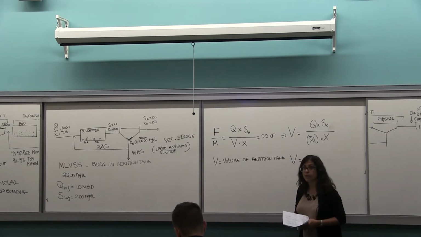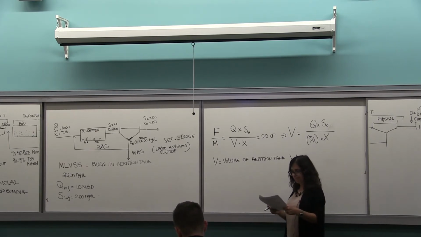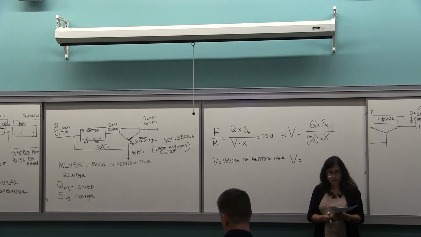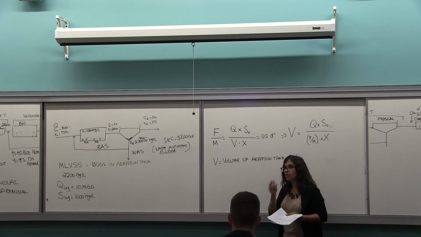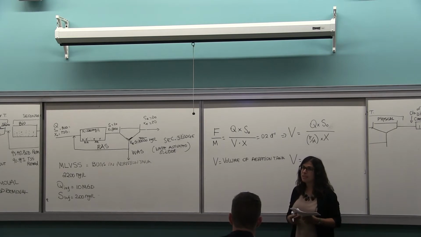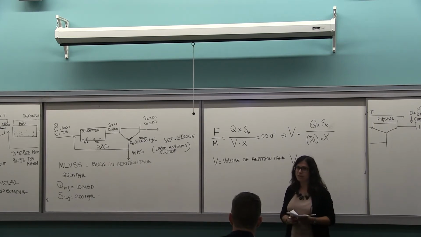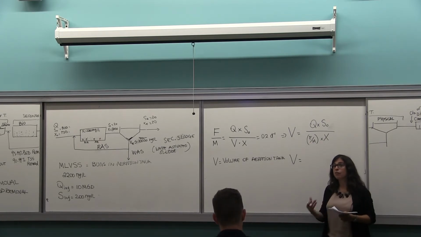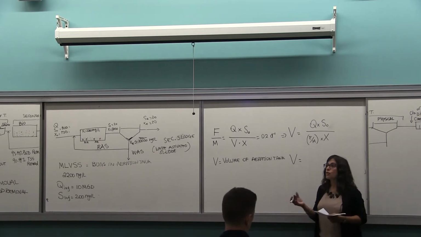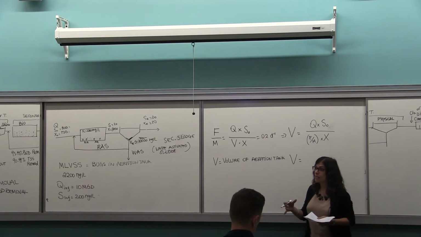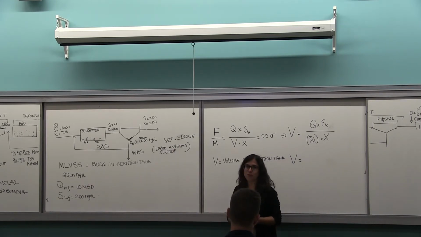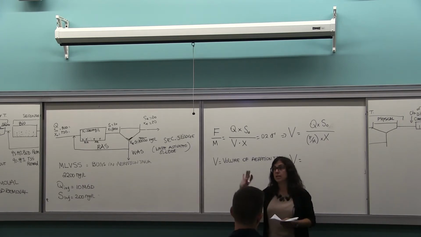All right, so do we have the flow rate? The flow rate is given, it's 10 million gallons. Do we have the concentration of BOD coming into the aeration tank? 200 is the influent. It's 65% of 200, right? Because 35% is removed.